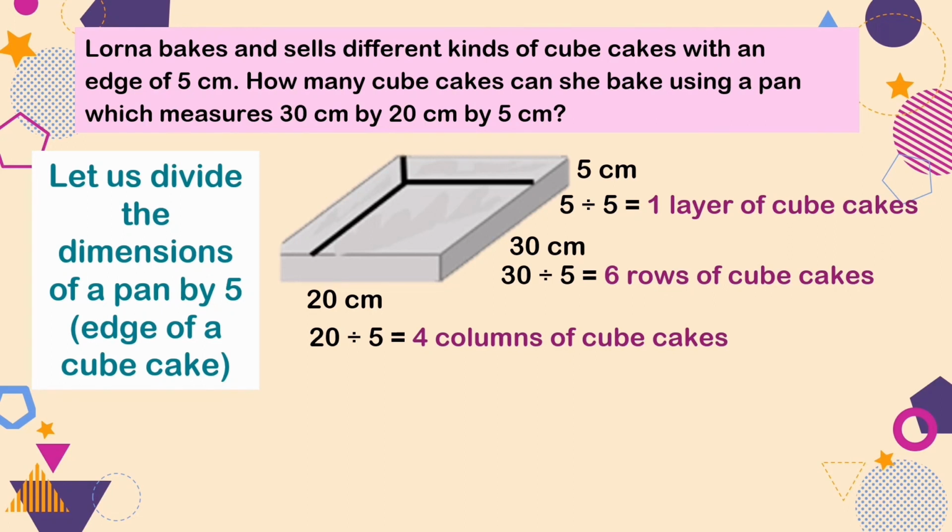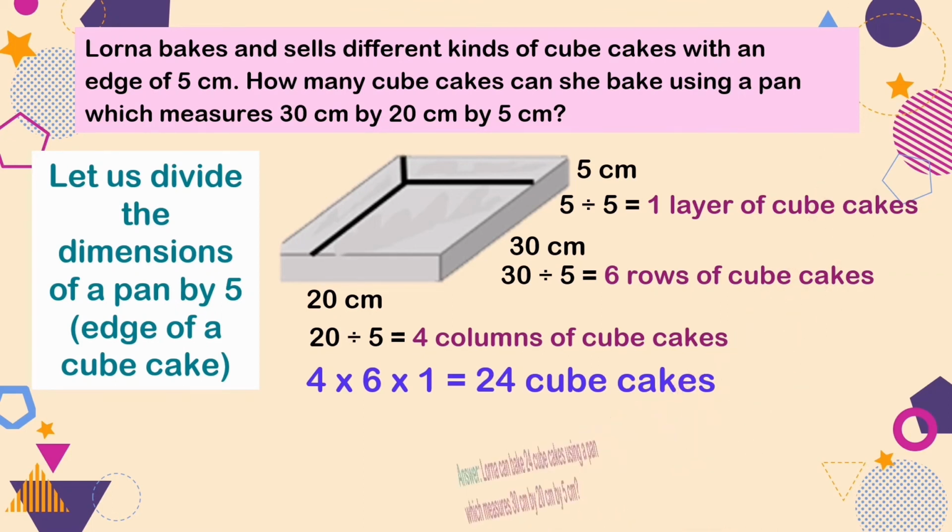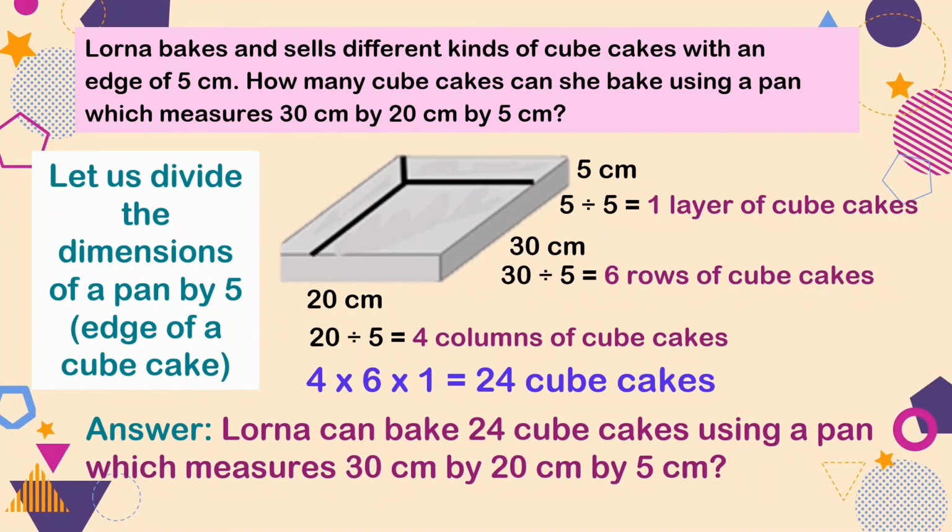So we have 4 columns of 6 rows of 1 layer. So 4 times 6 times 1 equals 24 cube cakes. So the answer: Lorna can bake 24 cube cakes using a pan which measures 30 cm by 20 cm by 5 cm.